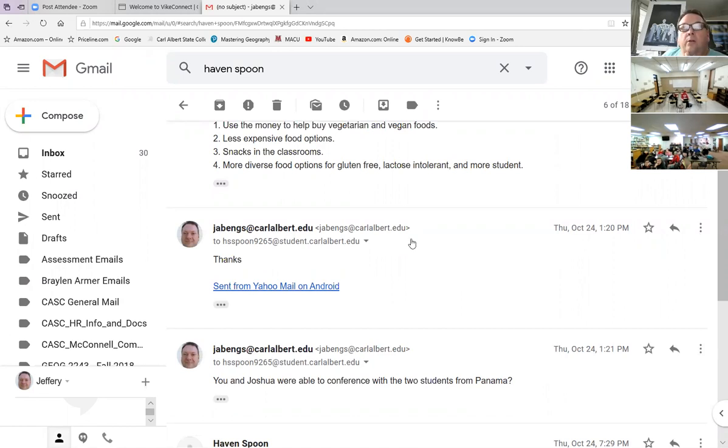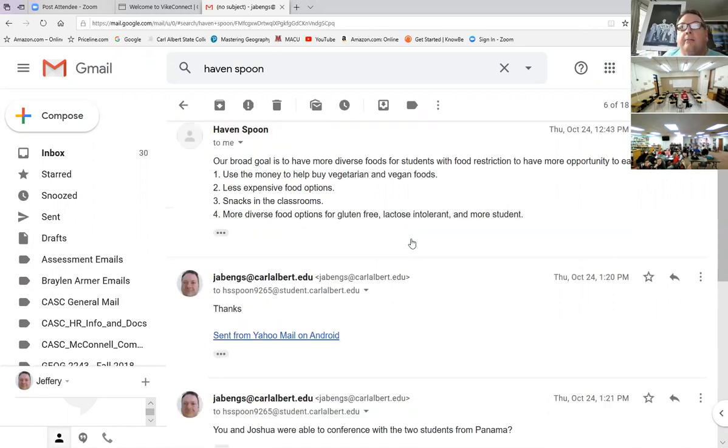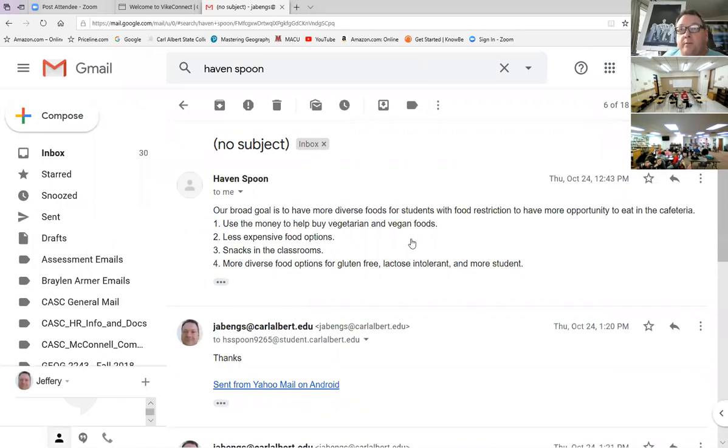All right, so use the money to have more diverse foods for students with food restrictions to have more opportunity to eat in the cafeteria. So we have a Secretary of Health and Human Services, Joshua, and a Secretary of Education, Cheyenne.